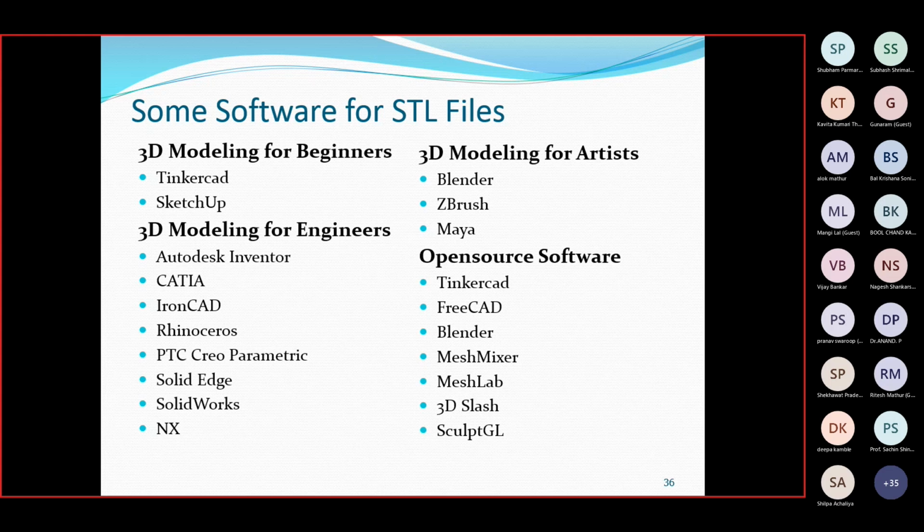Even a child can draw 3D models in Tinkercad. It's basically made for children. Then SketchUp is there. SketchUp is basically from Google and very vast. Then if you are an engineer or you want to go ahead, Autodesk Inventor, CATIA, IronCAD, many softwares are there, SolidEdge, SolidWorks.